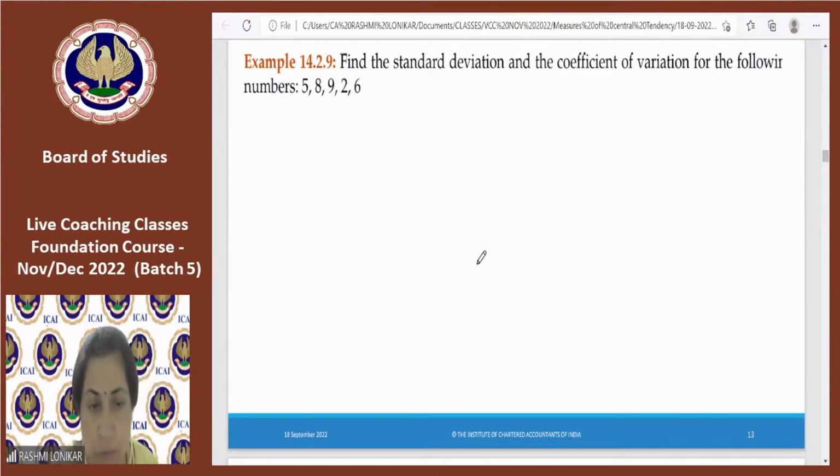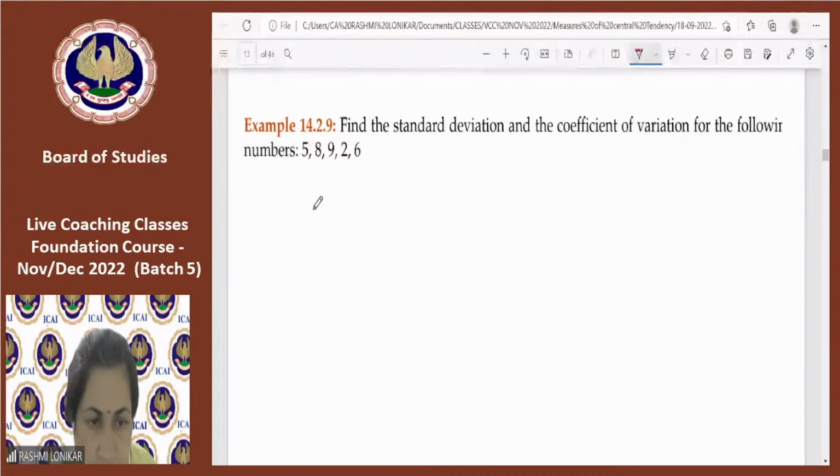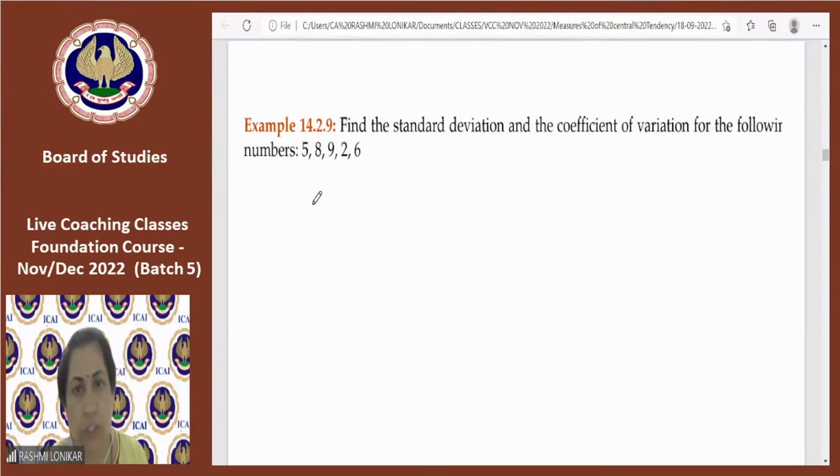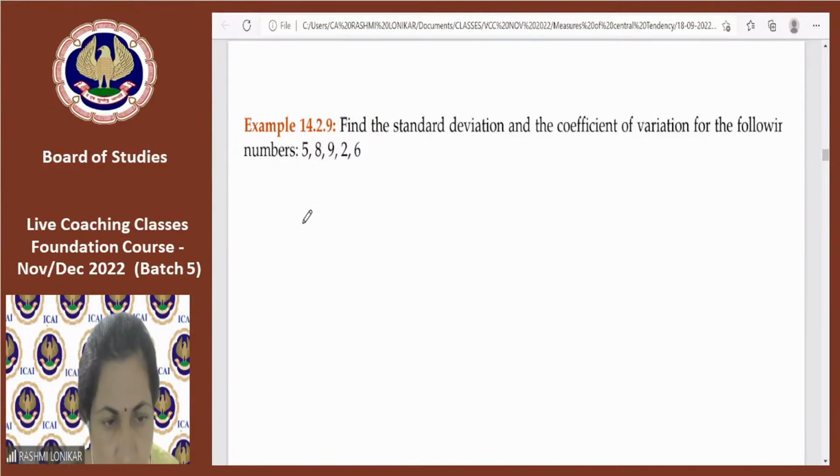Yes, Bhargavi, Vibhu. Now let us do this. We have the data 5, 8, 9, 2, 6. We find the standard deviation and then we find the coefficient of variation. So standard deviation, how do I find out?